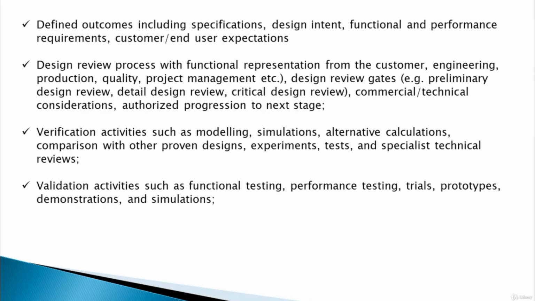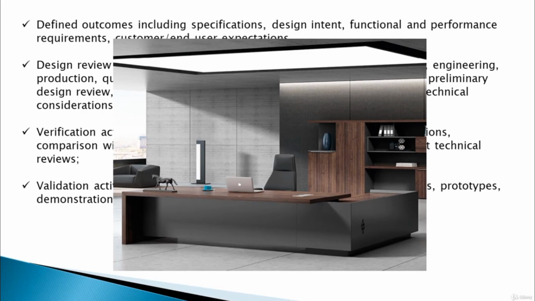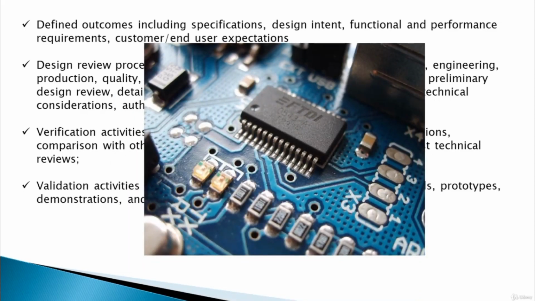Now, validation could be simple, like a new design of office furniture could be validated by testing prototypes and testing of initial samples of the finished product. And also, the validation could be complex, like components in electronic systems, because it will have to comply with requirements of other systems.